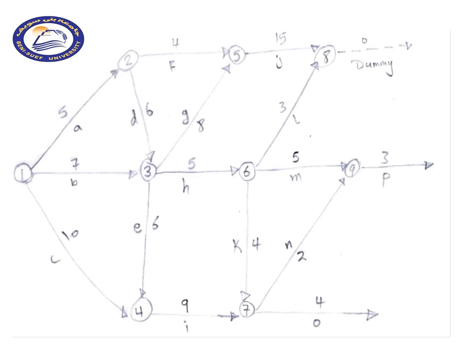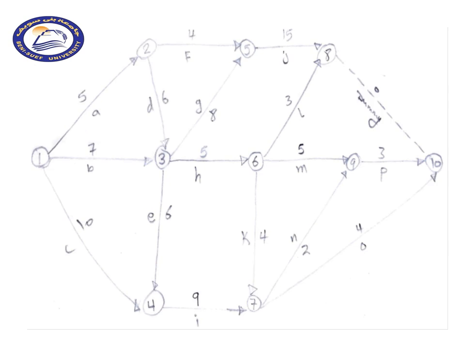What is drawn now is not the perfect network, as a network should have only one node to start all the activities from, and should have one node to end all the activities at. So the right network should be this one, like that.